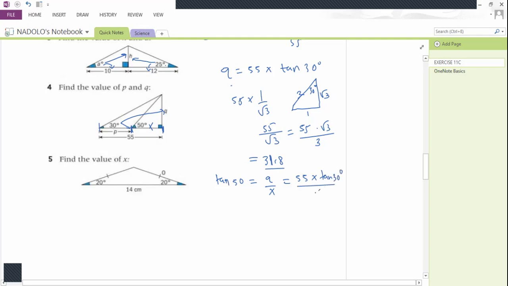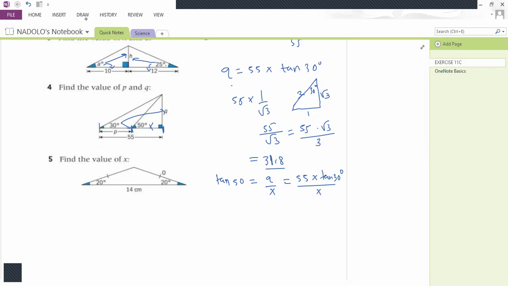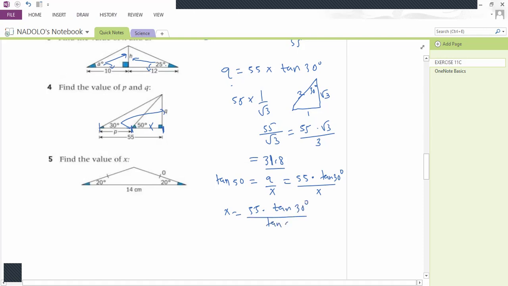And then we have x. I know these two types of x's are confusing, so let me use a dot for my product. Okay, so how do we get x? x will be given by 55 times tan 30 divided by tan 50.